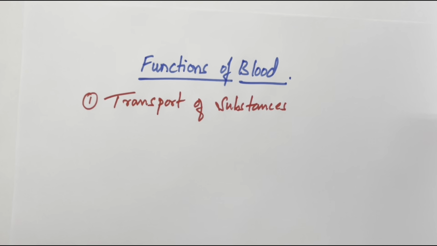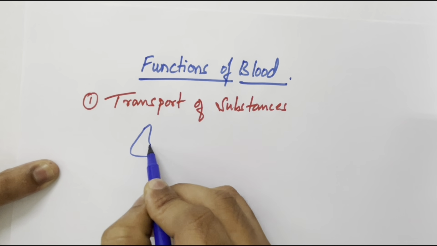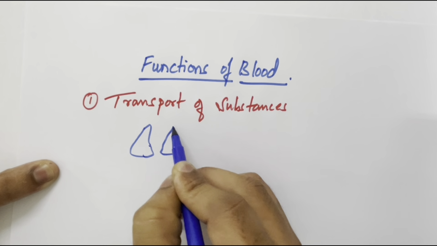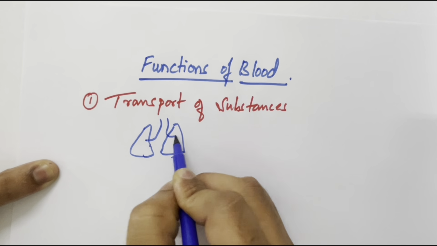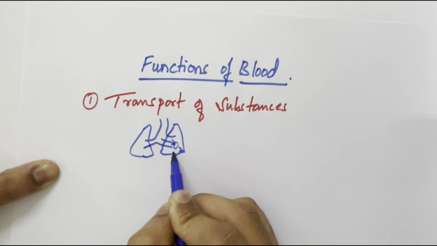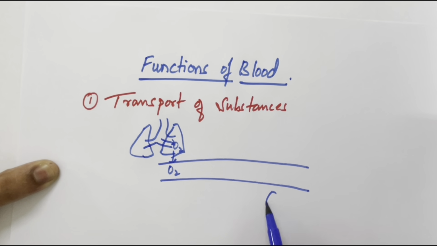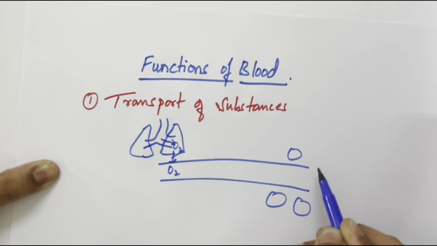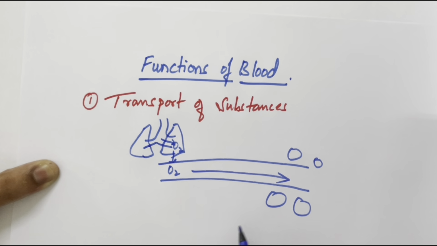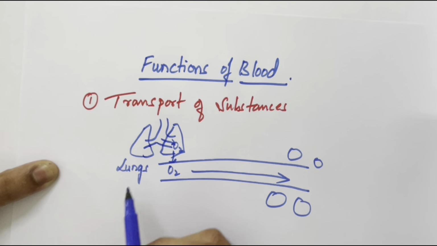See now, from the atmosphere, the oxygen enters the lungs. So consider this as a lung. These lungs will pick up the oxygen from the atmosphere. So this oxygen has to enter the blood, and this blood will carry the oxygen to different tissues. So oxygen is transported to the tissues from the lungs. So blood is acting like a vehicle or a carrier for the transport of substances.